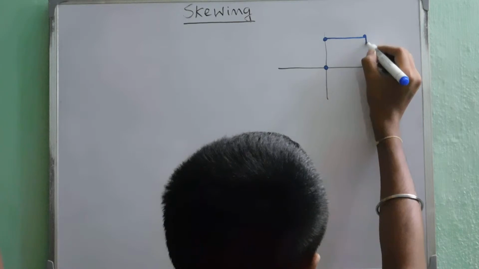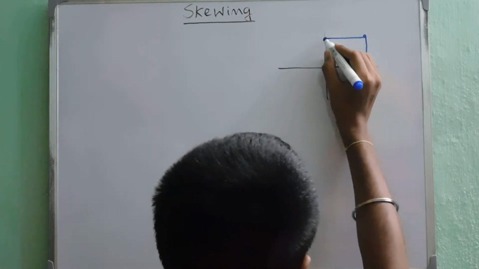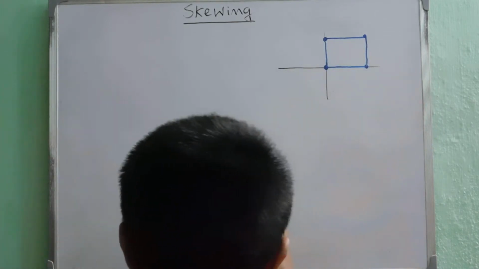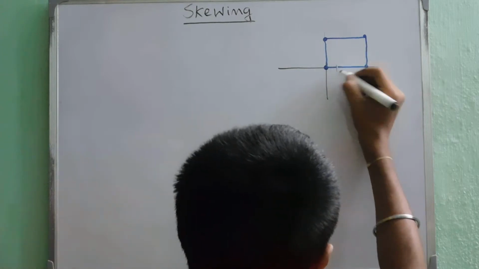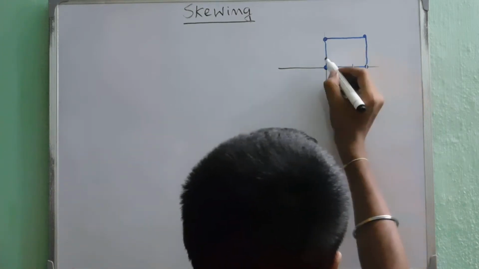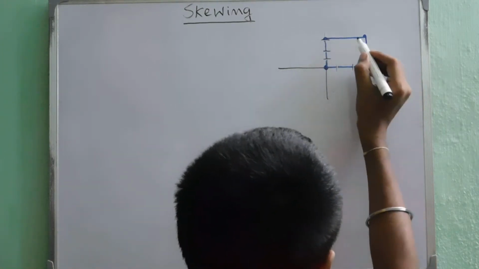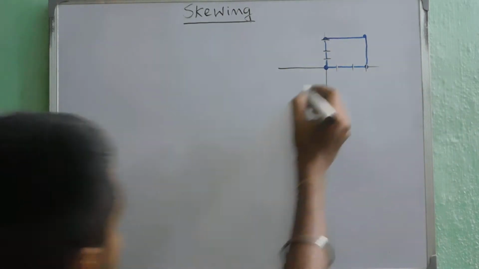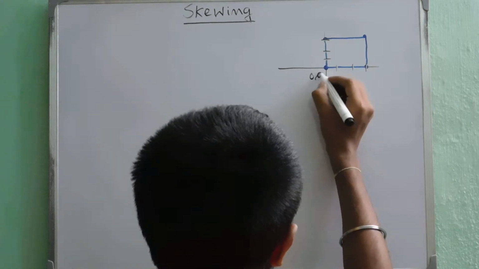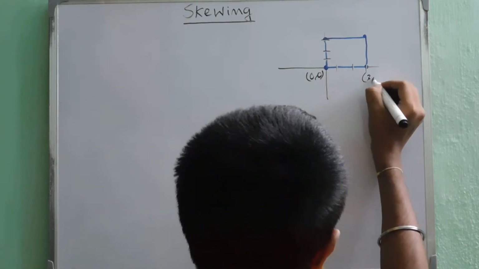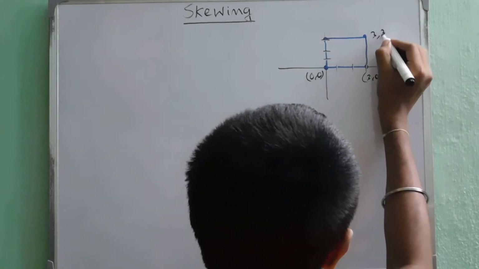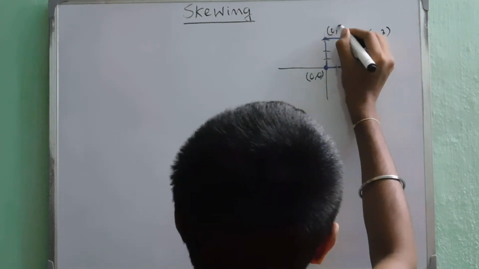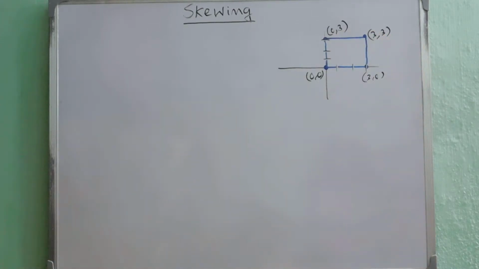Let's draw the square. So this is our square: 0, 0, 3, 0, 3, 3 and 0, 3. Now what we need to do?